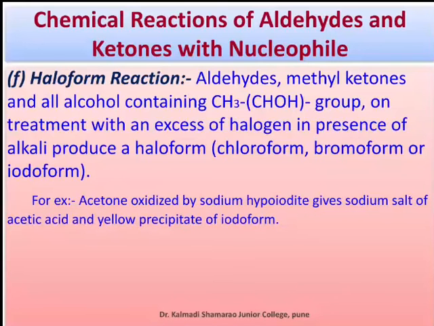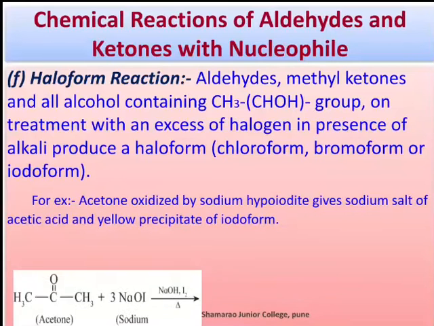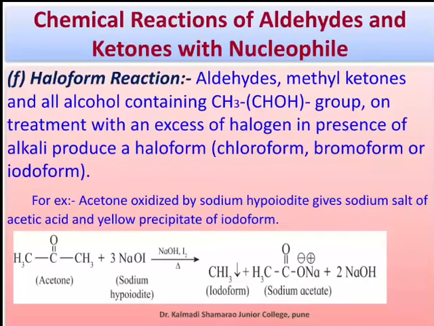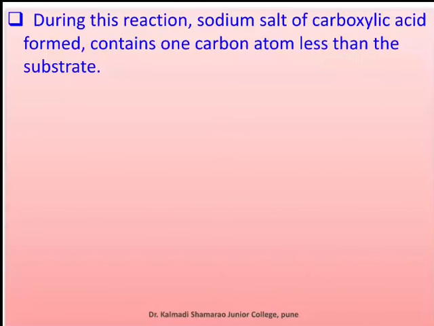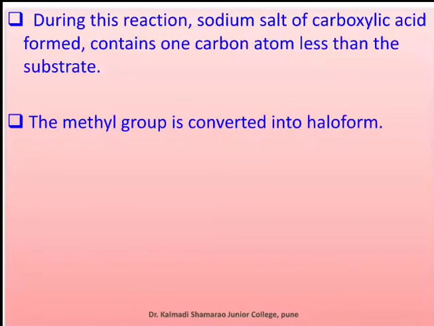For example, acetone oxidized by sodium hypoiodite gives sodium acetate plus a yellow precipitate of iodoform plus 2 molecules of NaOH. In this reaction, the salt of carboxylic acid formed contains one carbon atom less than the starting aldehyde or ketone, and the methyl group is converted into haloform.